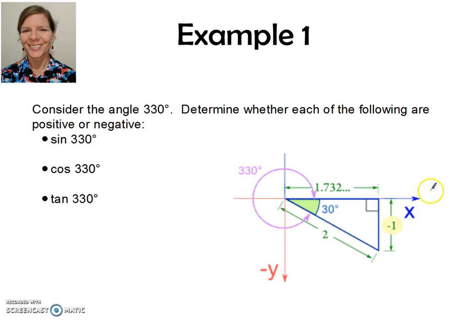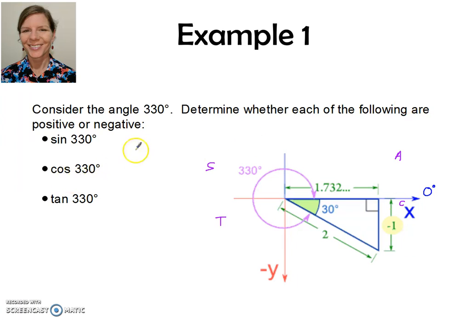So let's have a quick look at a couple of examples. Consider the angle 330. Remember we measure it from here, there's 0, so 330 is way around there. We want to know whether each of the following is positive or negative. Sine of 330: using CAST, we're in the fourth quadrant, so sine is going to be negative.